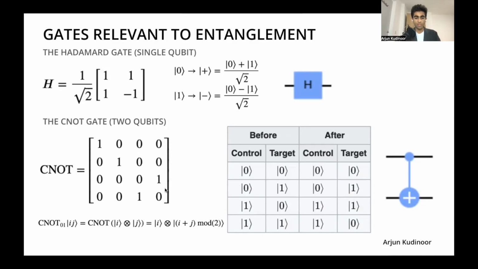This is what the matrix looks like, and you can write it down mathematically using modular arithmetic as such. Pictorially, on a circuit, this is how we denote the Hadamard gate, just as an H. And then this is how we denote the CNOT gate, where this represents the control. It is basically the identity operator. And then this represents this addition mod 2, this modular arithmetic operator. Okay, questions on these gates?